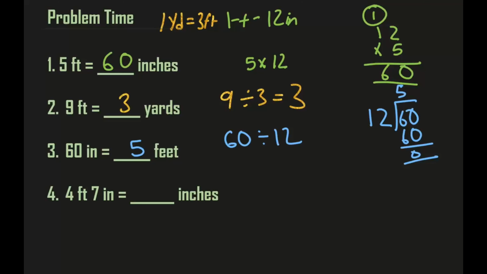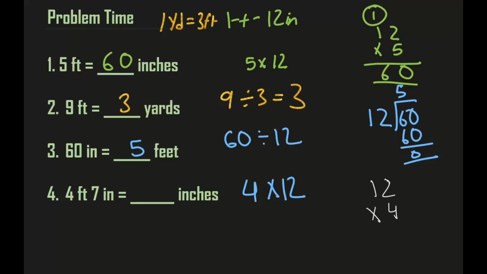4 feet 7 inches equals how many inches? So again, we're going to find out how many inches 4 feet is. So 1 foot is 12 inches. So 4 feet is how many inches? We'll do 4 times 12 to find the answer. So you're just going to do 12 times 4.